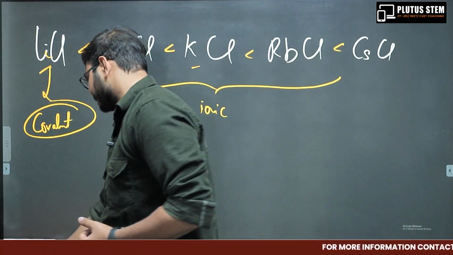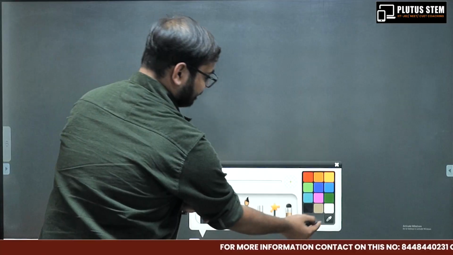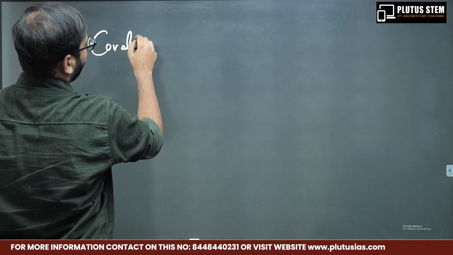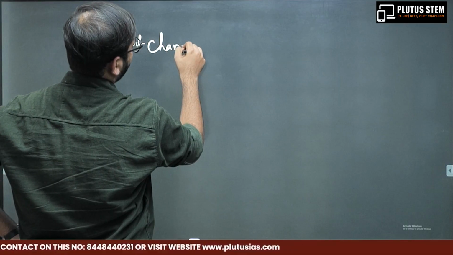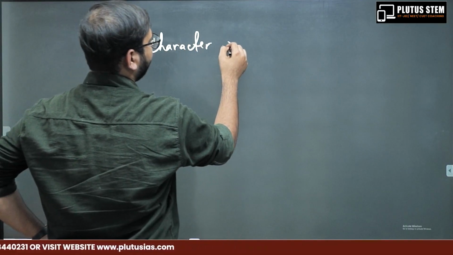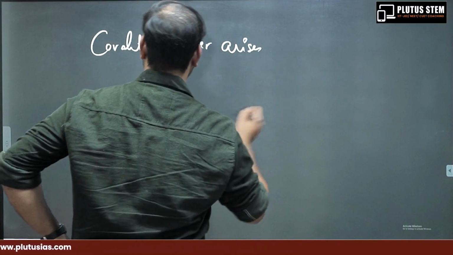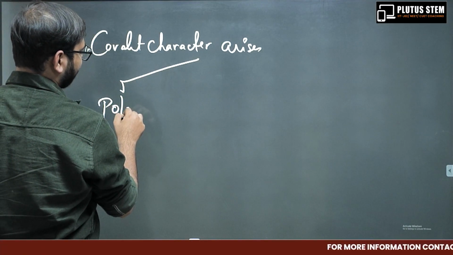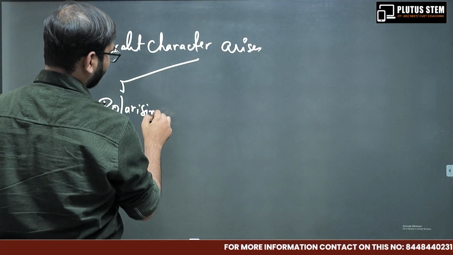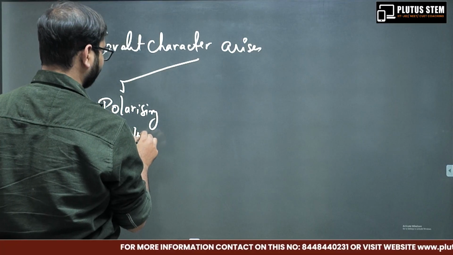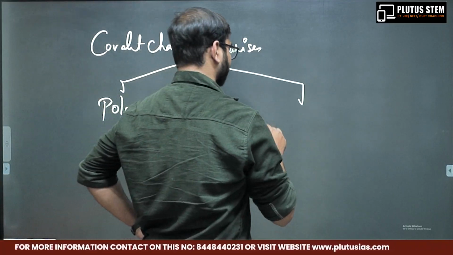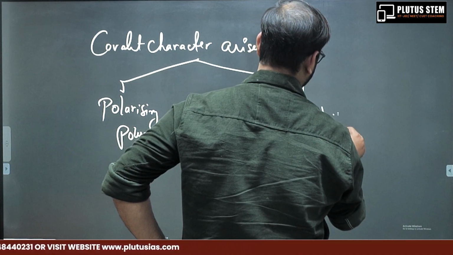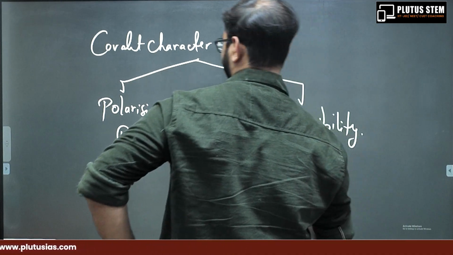It is explained that as per Fajan's rules, the covalent character in ionic compounds arises due to two factors. First, a property called polarizing power. Second one refers to polarizability.